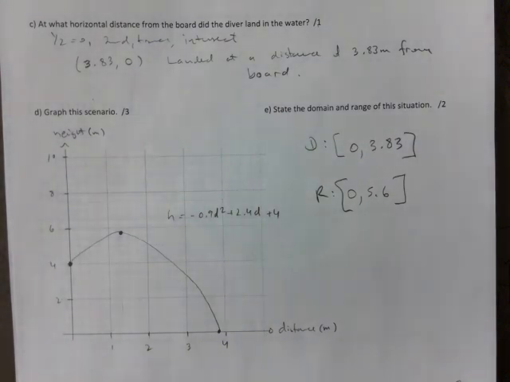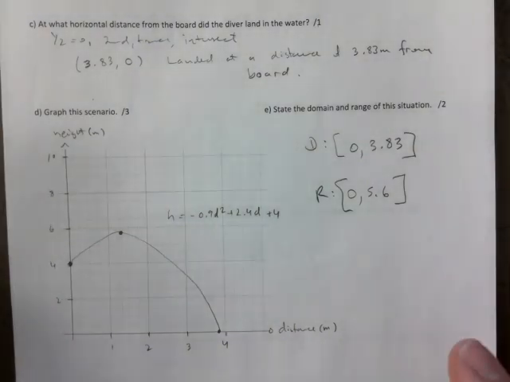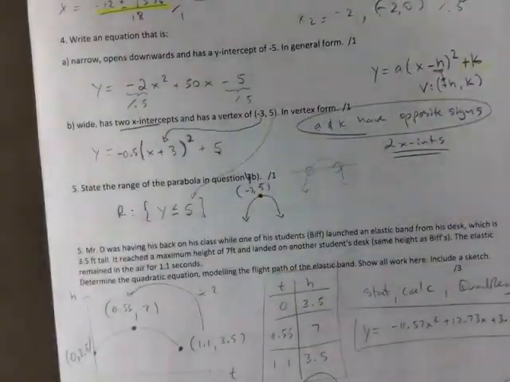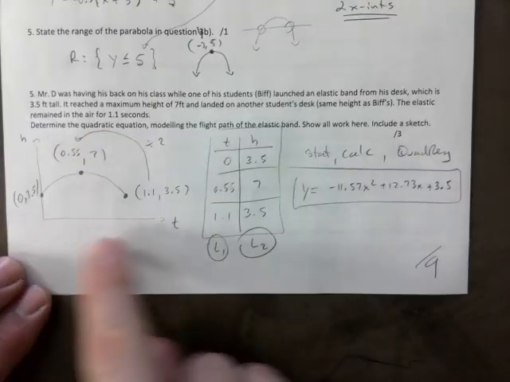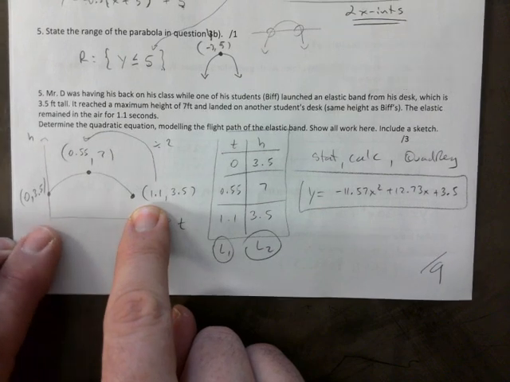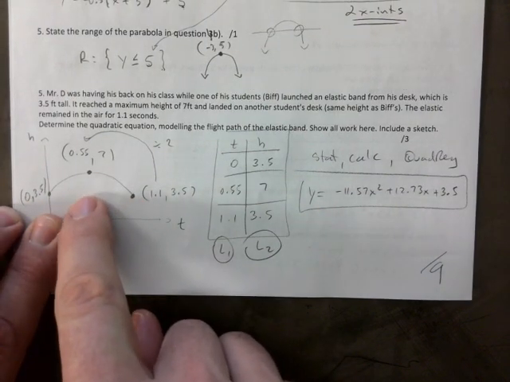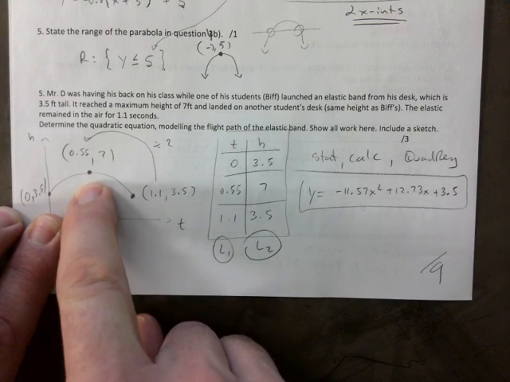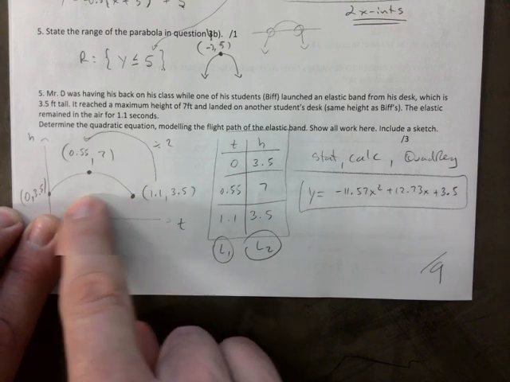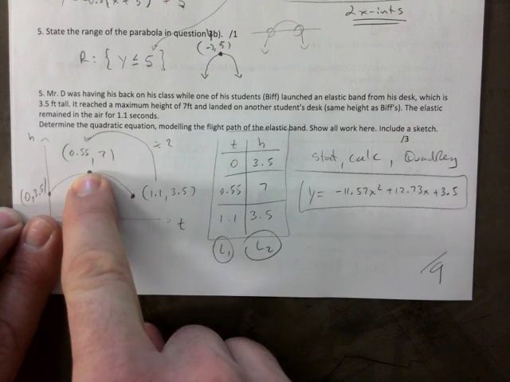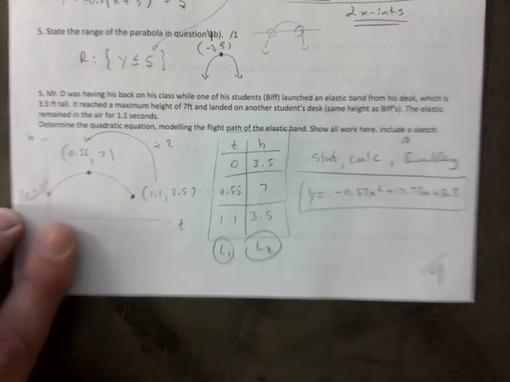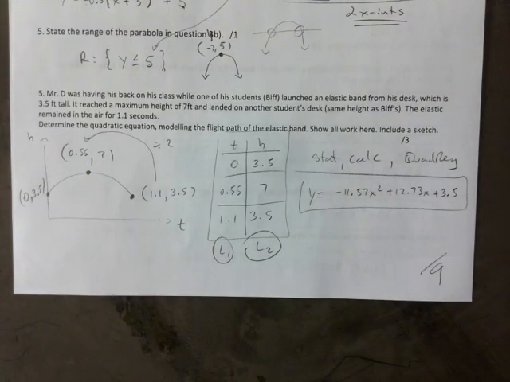In retrospect, I wish I would have asked you to come up with the domain and range for this one. Here, the domain is 0 to 1.1. The range would be 3.5 to 7, right? 3.5 is the lowest y value, 7 is the highest y value. So there you wouldn't have had that.